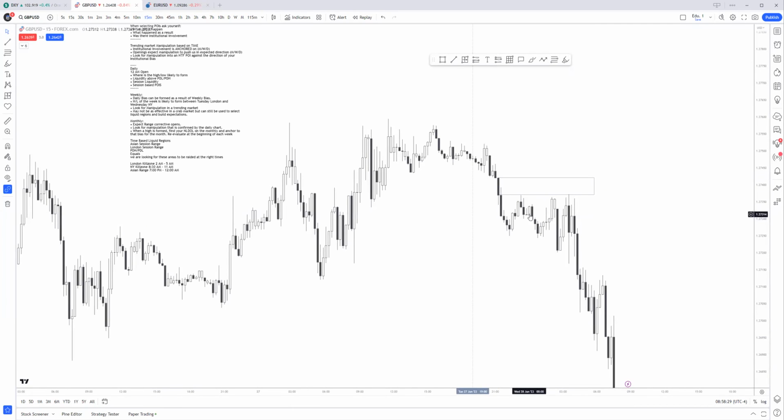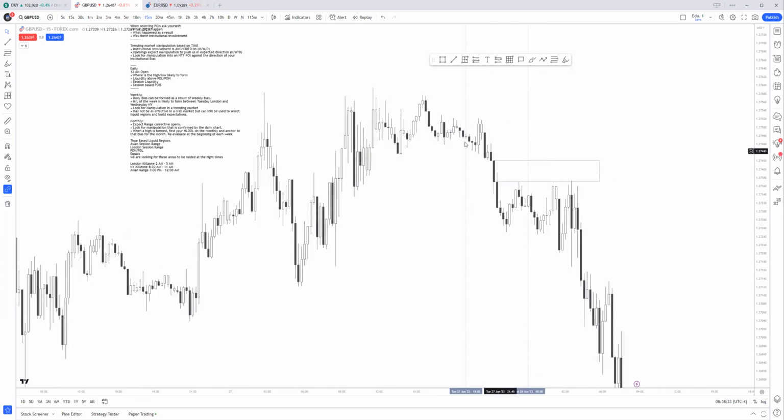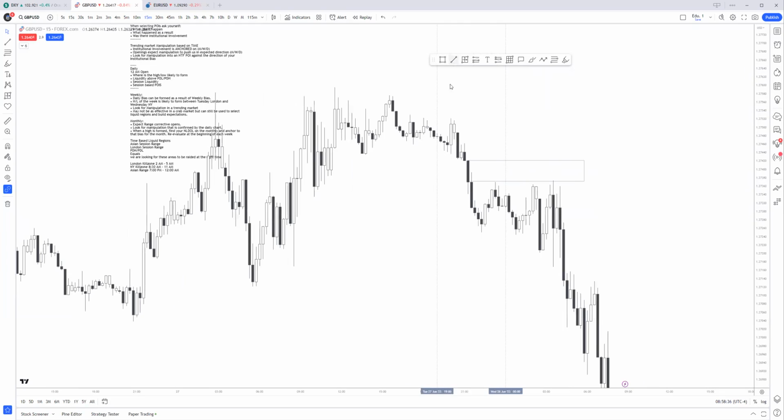So obviously we don't come up and raid this. This would be the high of Asian session, and then the low would be here, right? So we can see that we've swept below the low. It's an area of liquidity, not that we'd be trading this, but this pushes us up into this area of liquidity.